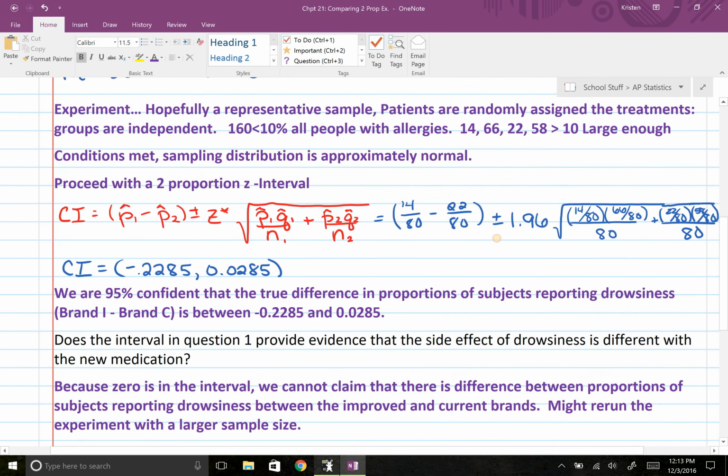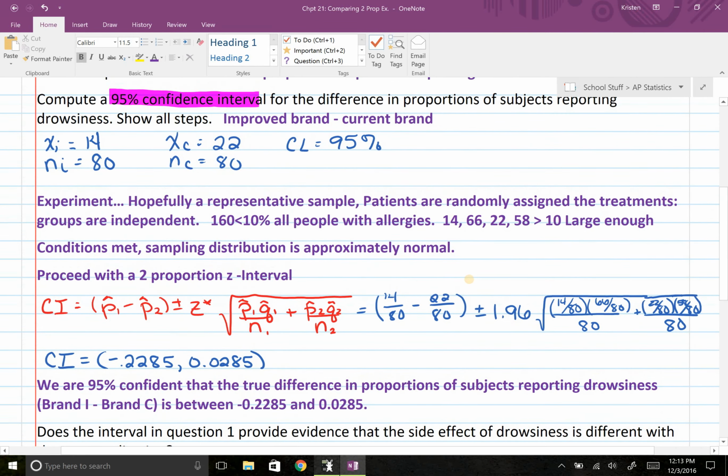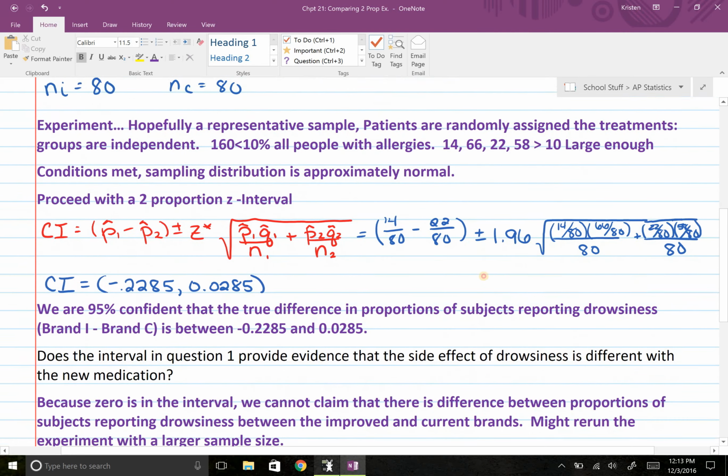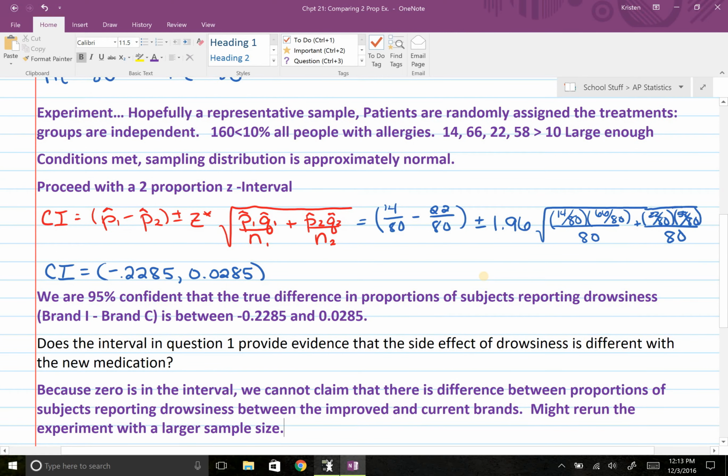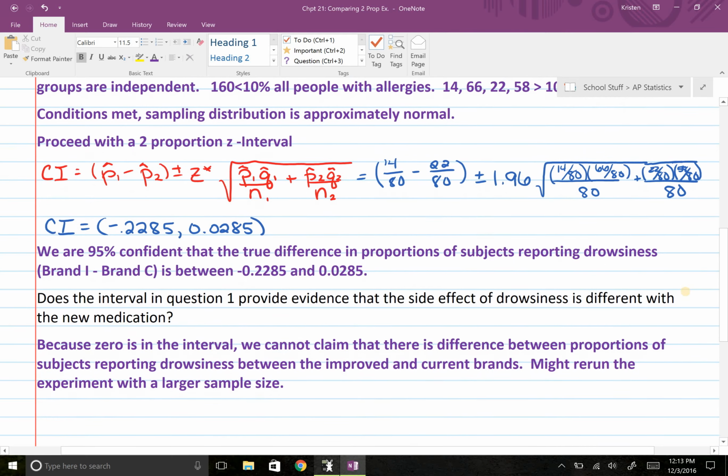So there's our confidence interval, making sure that as we go through here, you always indicate what the order of your comparison is, list the numbers that you can pull from the general setup, state your assumptions and conclusions. If your conditions are met, state that the sampling distribution is approximately normal, state what type of a test you're going to go through, show the formula before computing your confidence interval, then interpret your confidence interval always in context.